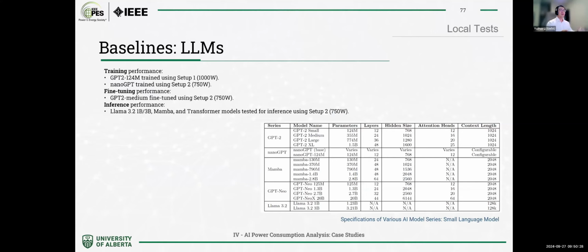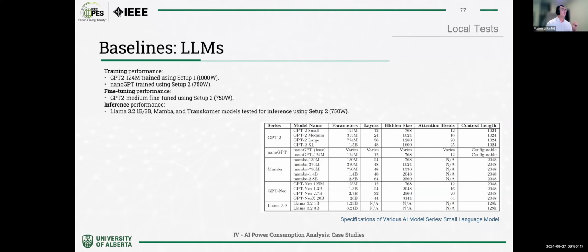So let's move on to locally running LLMs based on our hardware setting. Here we want to look into the power consumption of the training, fine-tuning, and inference stages for different models and different settings.